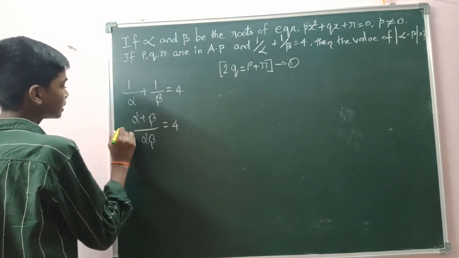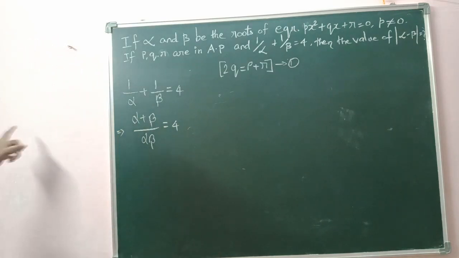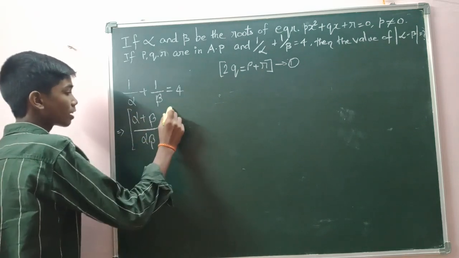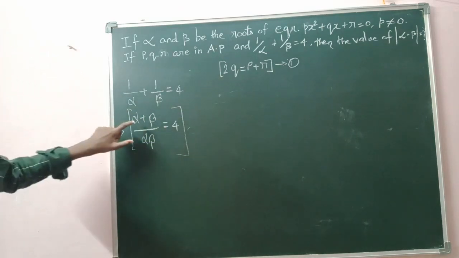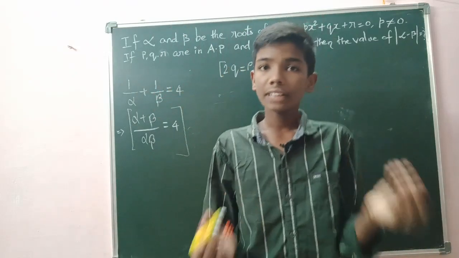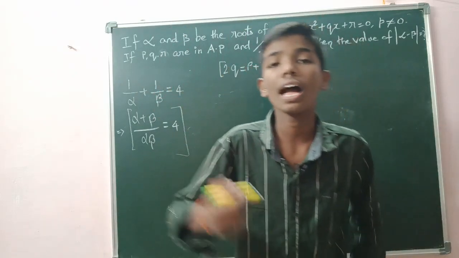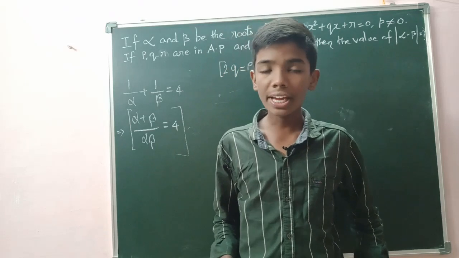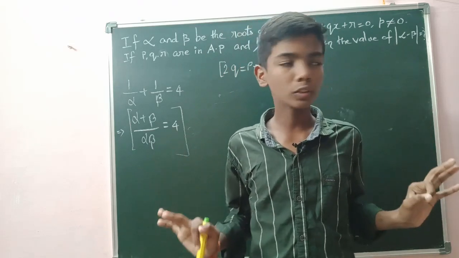Which implies alpha plus beta by alpha beta is equal to 4. And now from this, we are sure that we are supposed to find the value of alpha plus beta and alpha beta, which is nothing but the sum of the roots as well as the product of the roots.